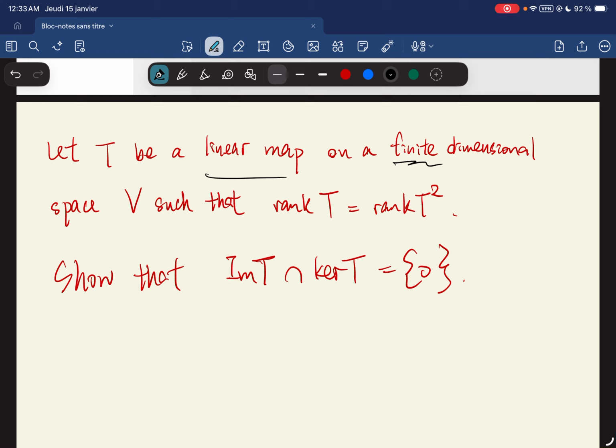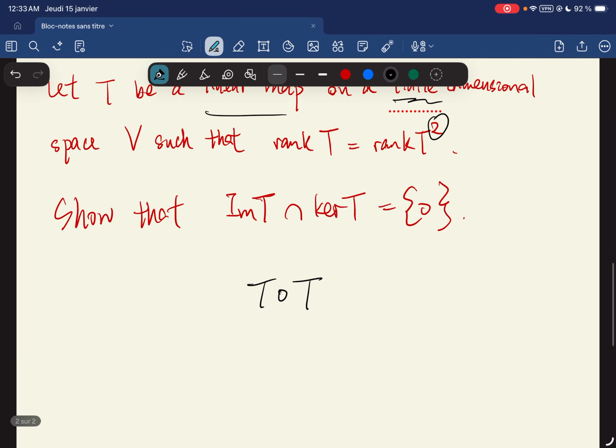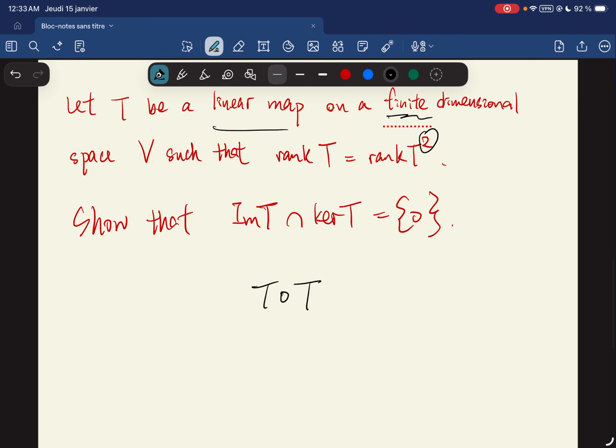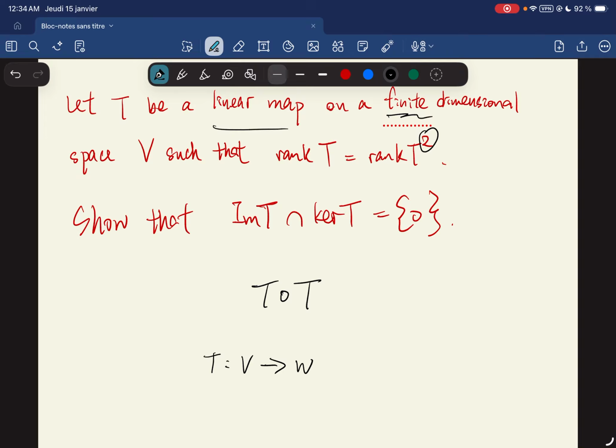At least what I can see is that this is a very tricky question because we have a T squared. T squared means the linear map composed with itself. It is not like the square of a number. So how do we approach this? Because T is a linear map on a finite dimensional space V, it does not map from V to another vector space like W. It is to itself.